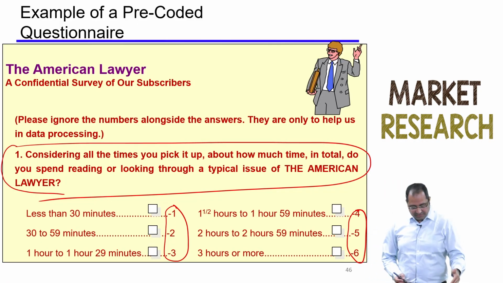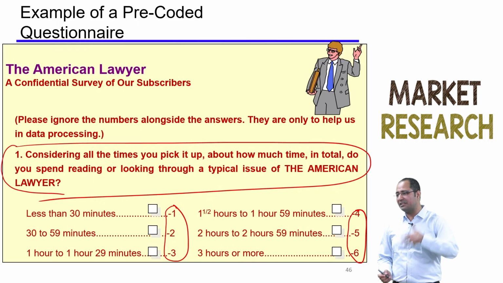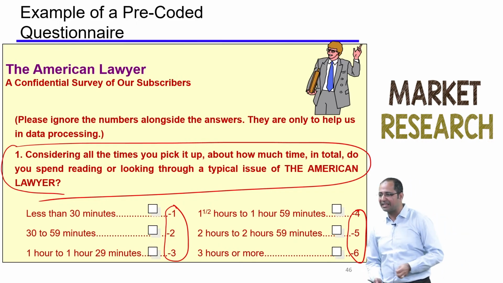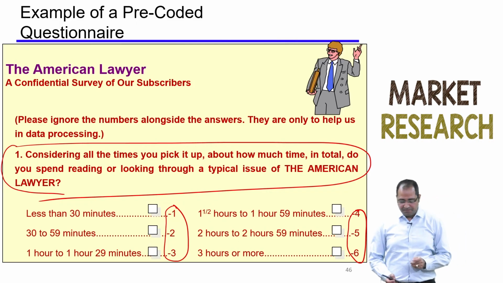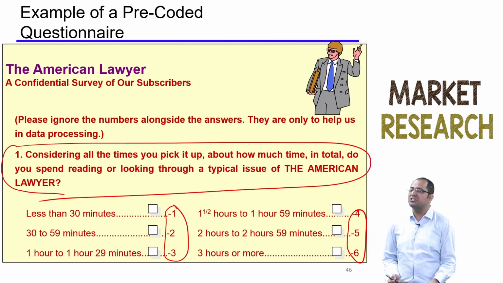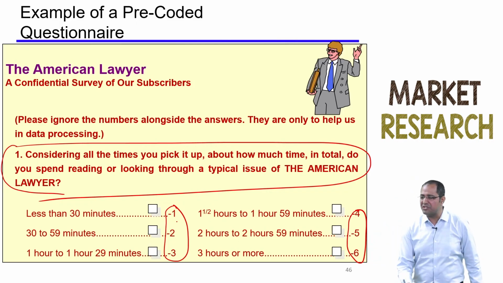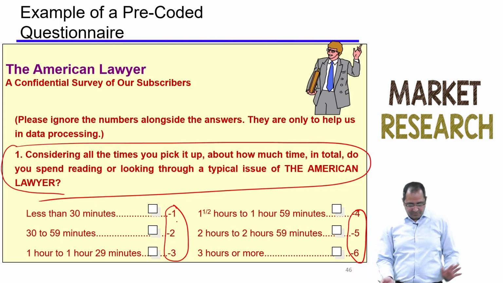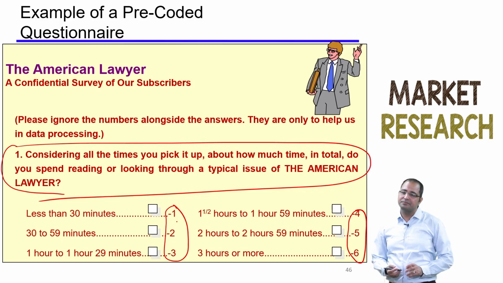Generally, you will keep ascending order as the extent of that particular characteristic increases. So in this survey, it is your wish whether you want to mention these codes or not. Generally, they mention. So you can mention it like this.